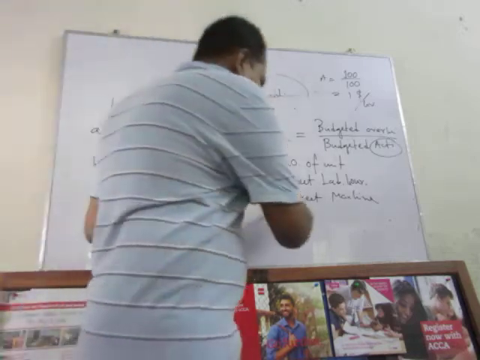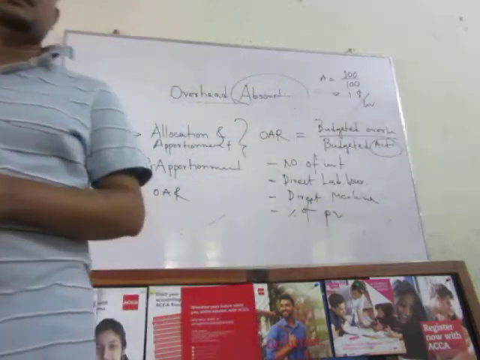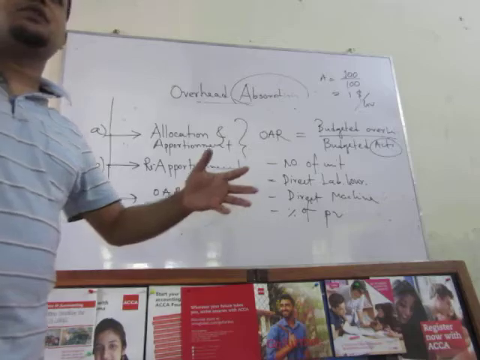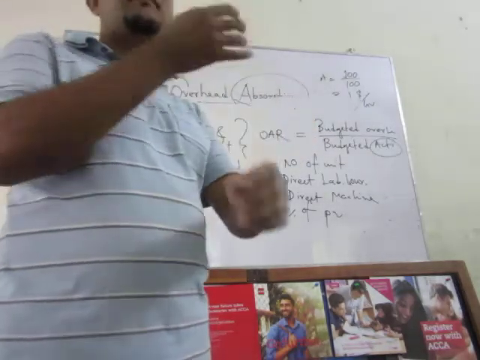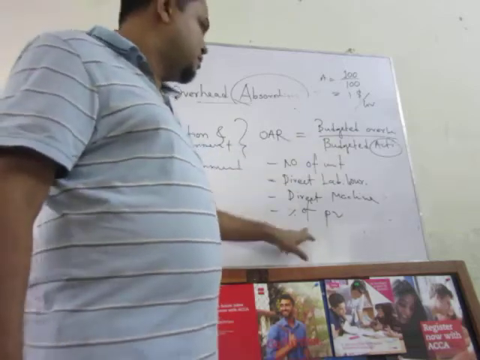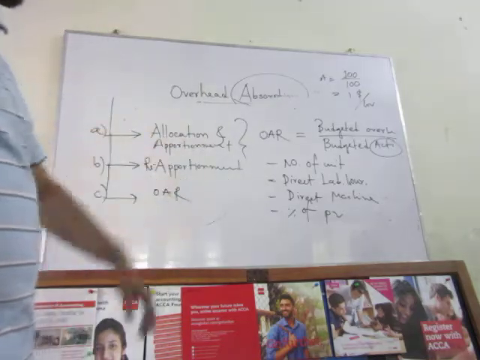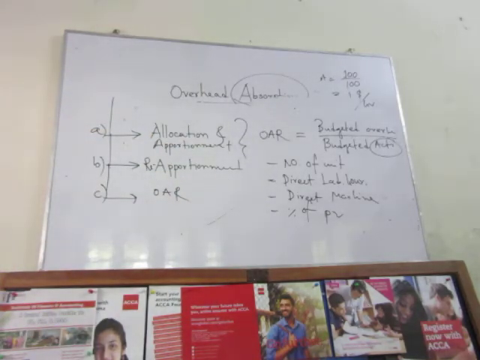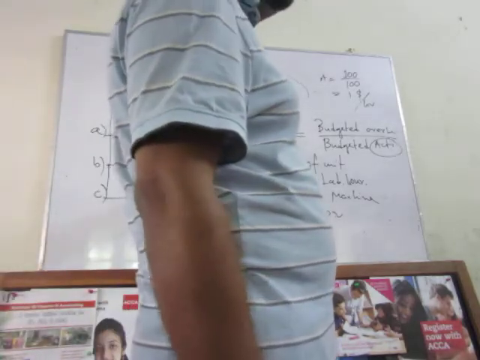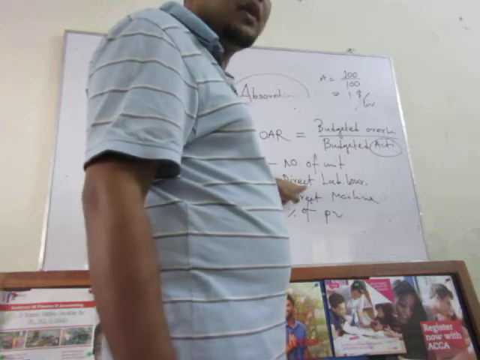It may be percentage of prime cost, or you can say prime cost as well. Prime cost means, that means when you are accumulating all kinds of direct cost, direct labor, direct material, direct other expenses. So you can divide this by percentage of prime cost. So these are the different kinds of budgeted activity that you can use to find out the OAR, overhead absorption rate. Rate per unit, rate per labor hour.